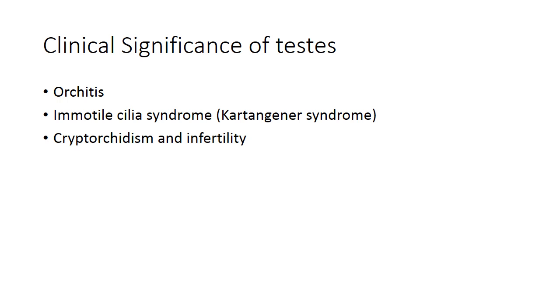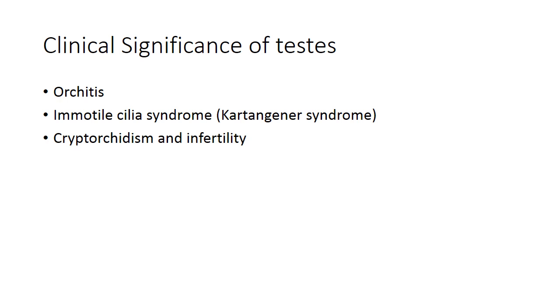Then the second term is cryptorchidism. For normal spermatogenesis, the temperature should be 2 to 3 degrees Celsius below the body temperature. And in undescended testis, the germ cells cannot undergo cell division due to higher temperature, but the testosterone production by Leydig cells continues normally.